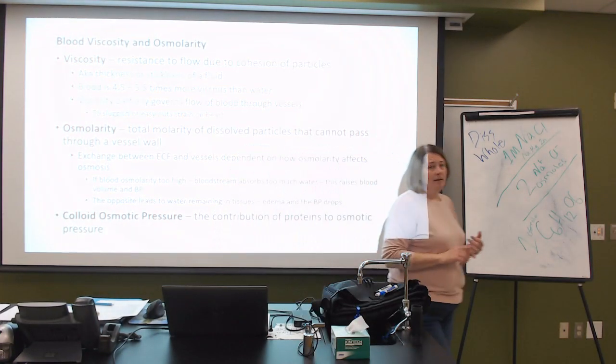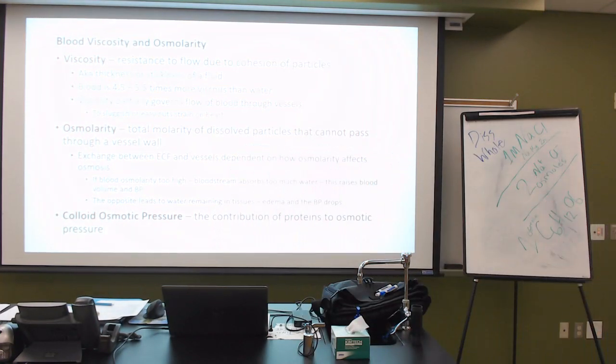Now, when I say the movement of water, we're going to find that this is referring to the movement of water at the cellular level. So the osmolarity of the blood will be able to affect what will happen at the tissue level, at those actual cells.